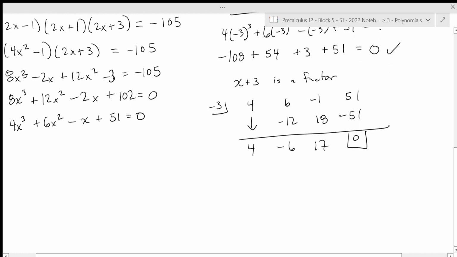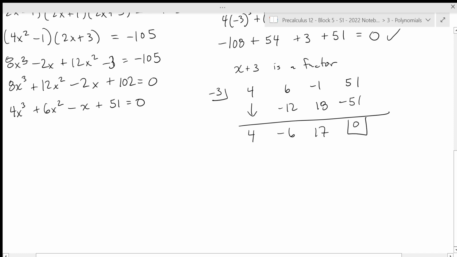Okay, so moving down, we know that 0 equals x plus 3 times 4x squared minus 6x plus 17. So I want to see if this is going to have another integer solution. All I'm going to do here to check this is check b squared minus 4ac.